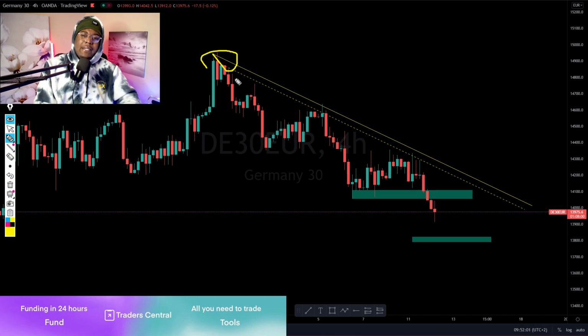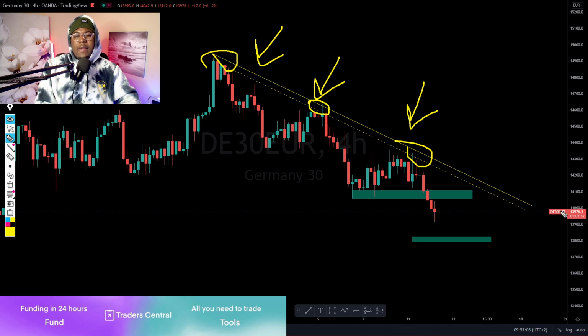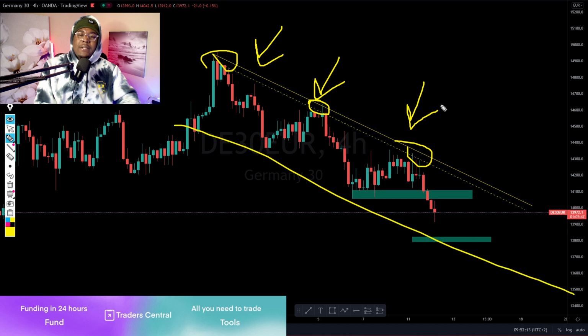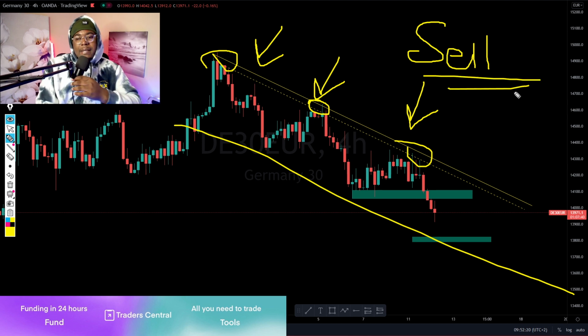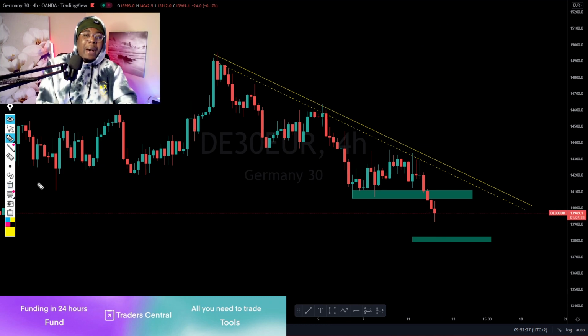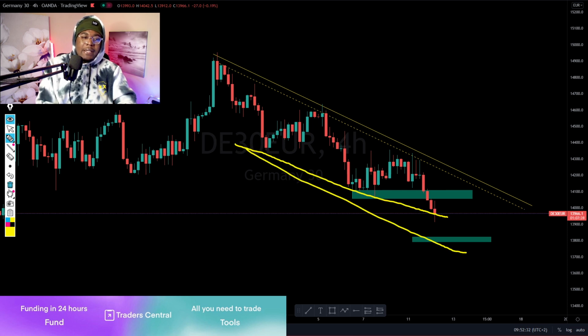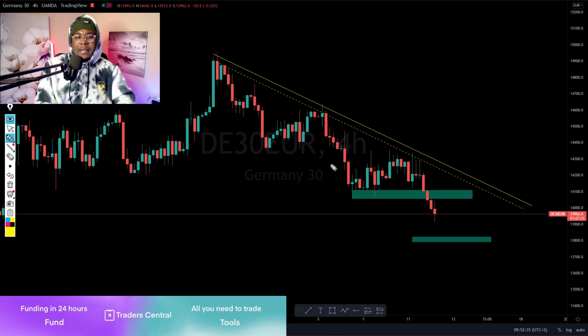The market created a downtrend, which makes our job very simple: we only look for sell or short positions. That doesn't mean we never take losses, sometimes we do, but it's much easier when you follow the trend. When you follow the trend, most likely 80% of the time the market will be in your favor.